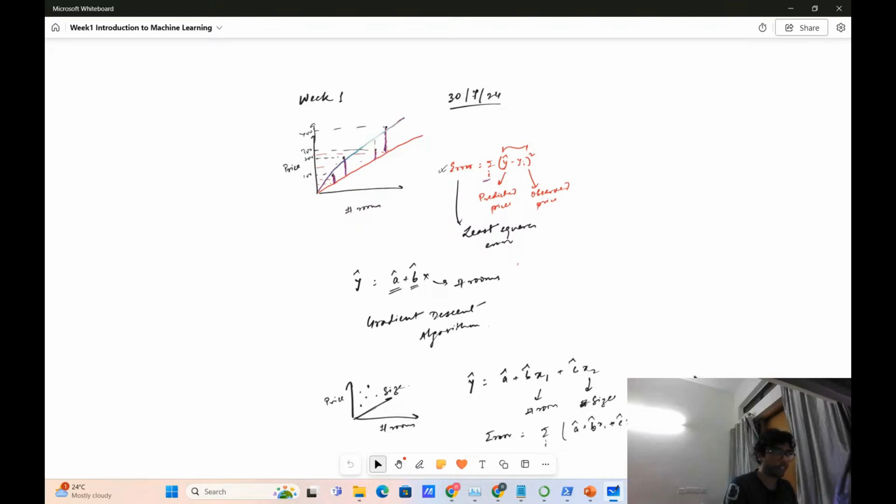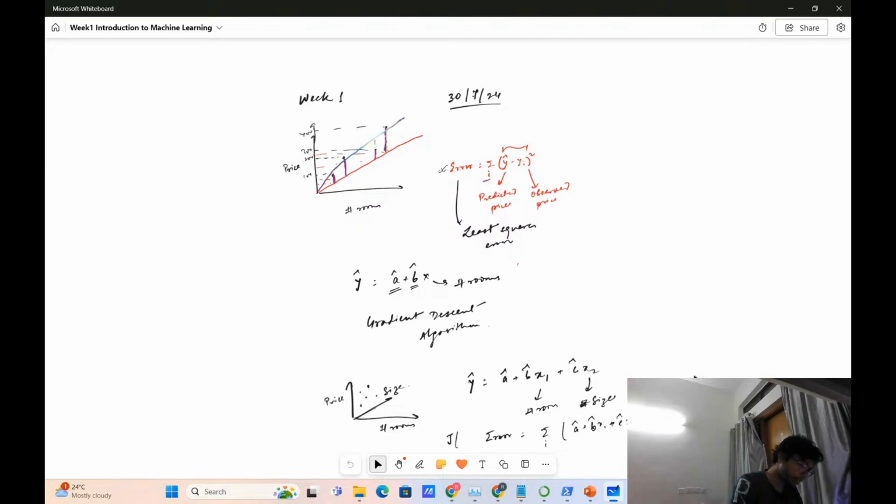So what is basically the best fit line, right? If you are familiar with calculus, you must know what we do if we have to find the minimum of a function. So this error is a function, right?